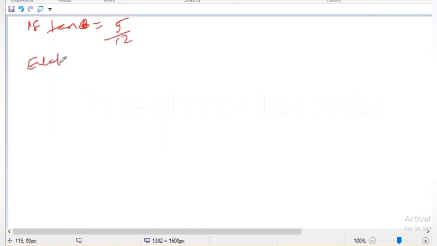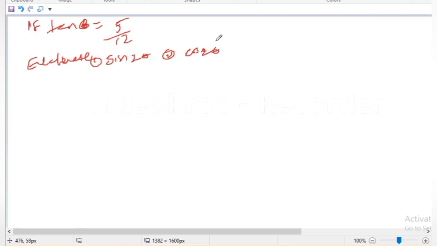Evaluate sine 2 theta and cos 2 theta. Now this is what they ask you to find.